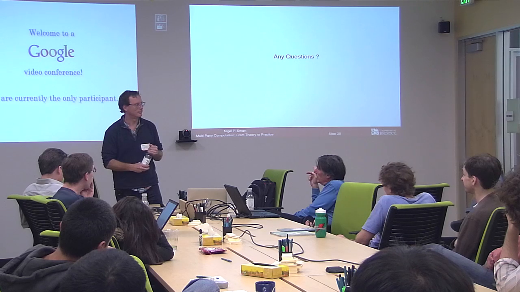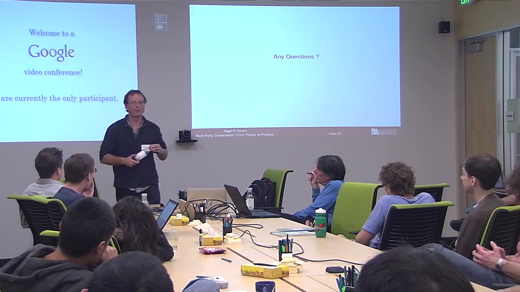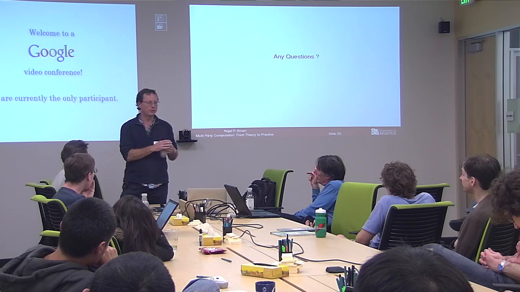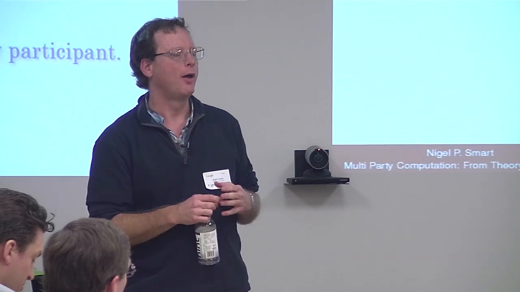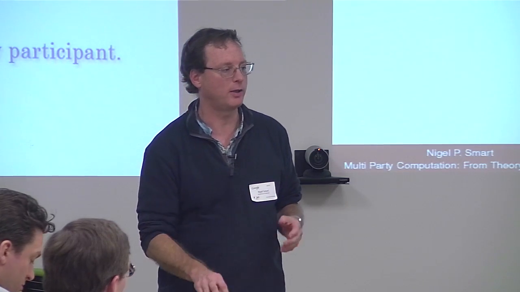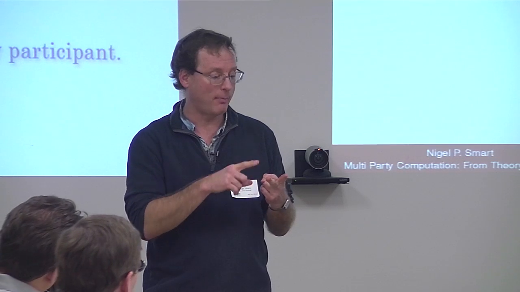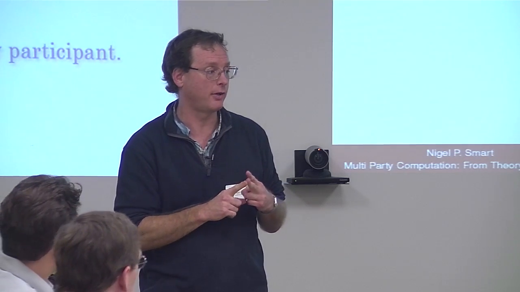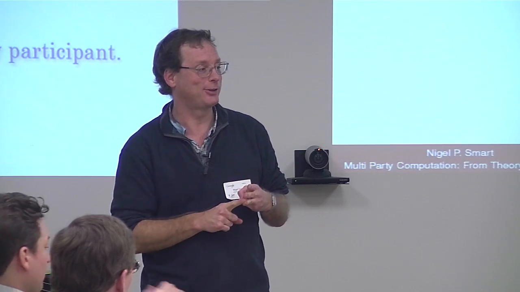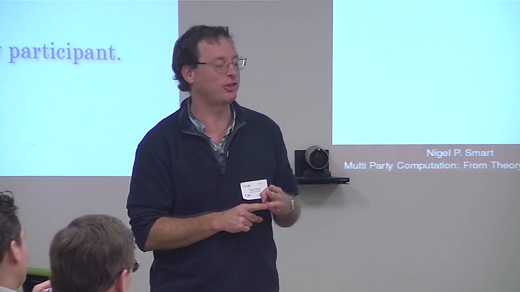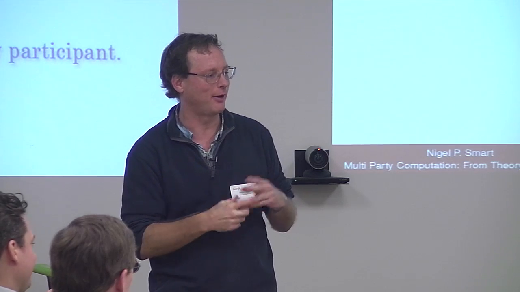I have one. What allowed you to do AES so much more efficiently than that? Okay, right. So this is quite a good thing. Originally we looked at AES because we thought it would be rather hard to compute, because block ciphers are meant to be highly nonlinear and really hard to cryptanalyze. So they have very little mathematical structure. Turns out AES has huge amounts of mathematical structure, which enables it to be easily implemented with multi-party computation.